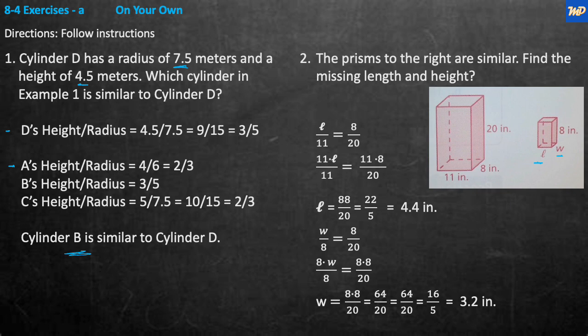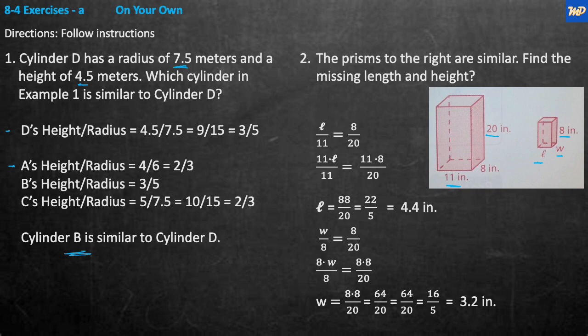Based on these numbers here, these numbers must fall into proportion with it. So we're going to say we want L this time. So L divided by 11, that's divided by its corresponding measurement on the other solid, is equal to 8. We know the 8 in the background back here, and we're going to divide it by the 20, its corresponding element of this prism.